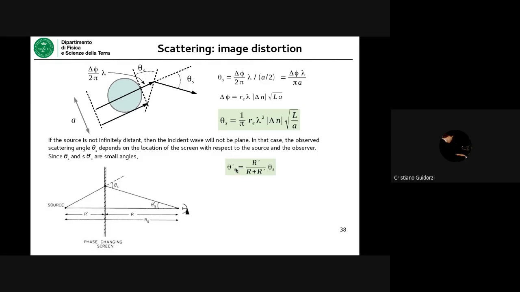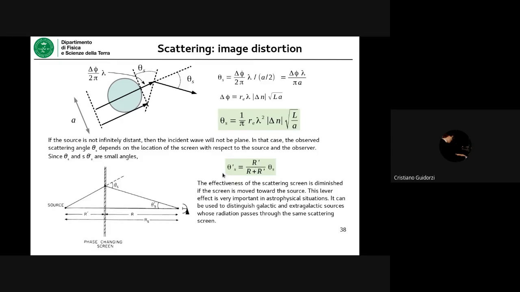So you see that essentially you have two distances: the distance between screen and source, and between screen and observer. When one is not negligible compared with the other, you have to correct by this factor here.